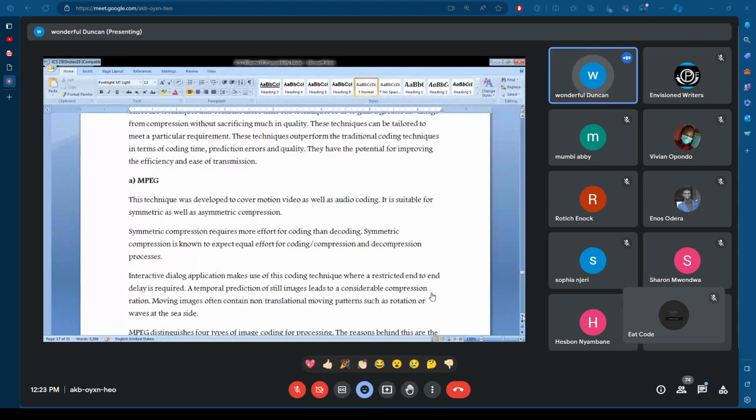Asymmetric compression requires more effort for coding than decoding.